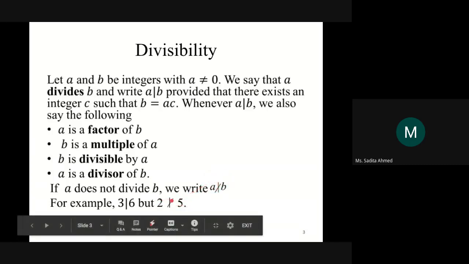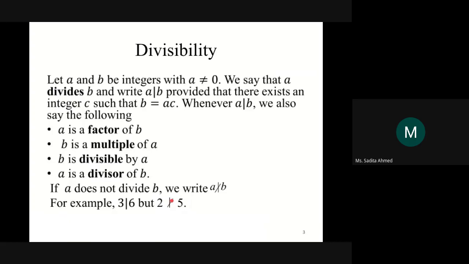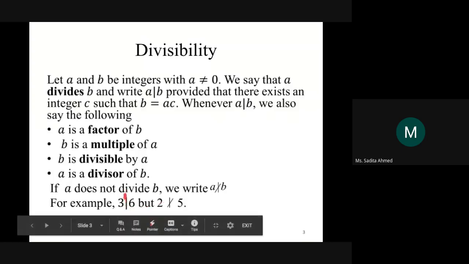Here, don't confuse it with the idea that 5 can never be divided by 2. 5 can be divided by 2 conventionally, as we know, where the result is not a whole number basically. So we use this symbol only when the result is a whole number, and we use the other symbol when the result is not a whole number.